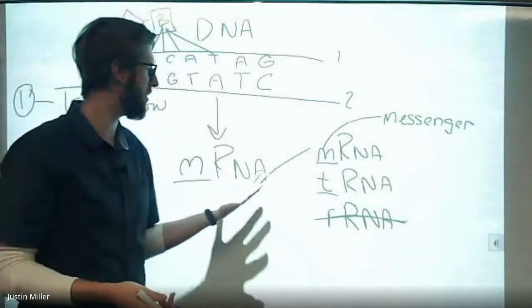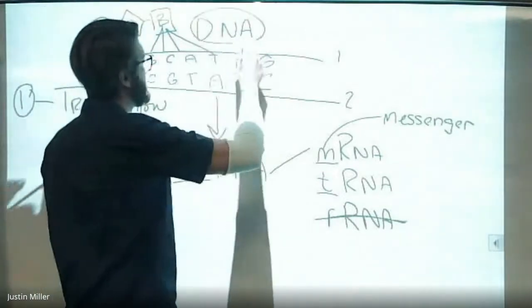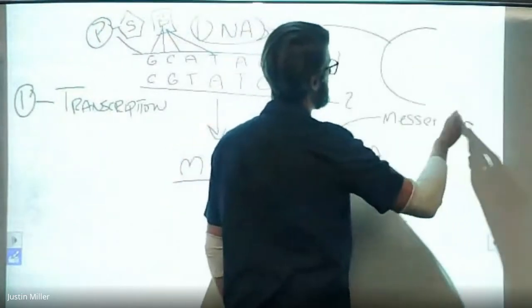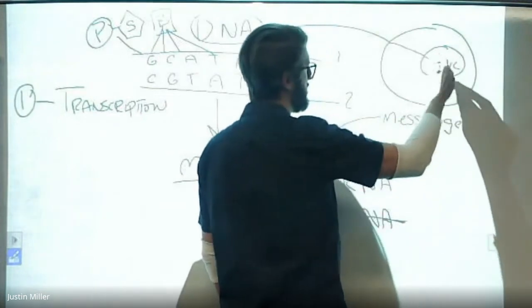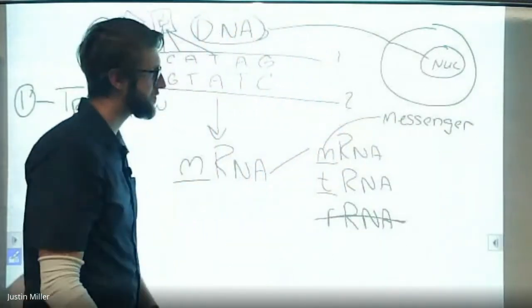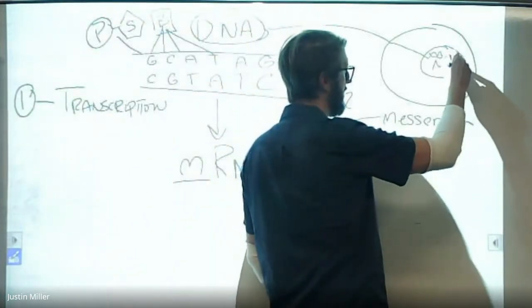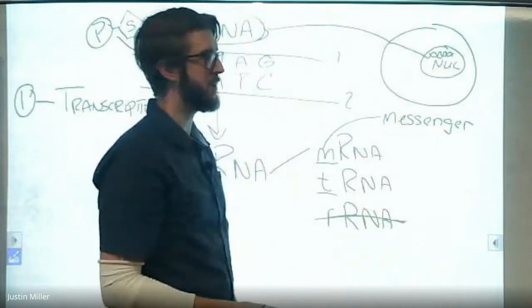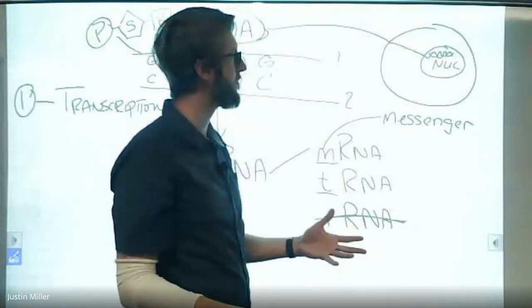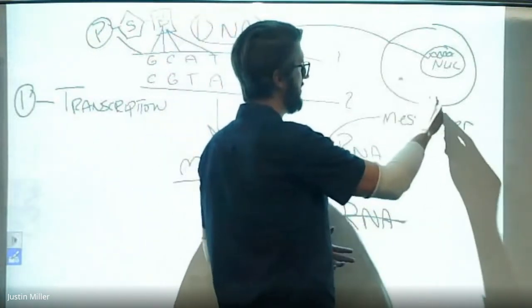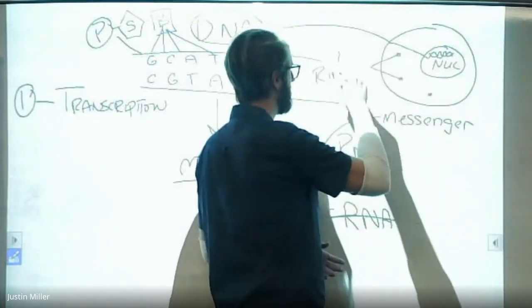So first of all, why do we need messenger RNA? If you remember from last time, DNA is stuck inside the nucleus of the cell. So remember, every cell has a nucleus, and DNA is trapped in here. He's trapped in here and he cannot leave. The problem is that the place where the proteins are actually made is outside of the nucleus in these places that we call ribosomes.